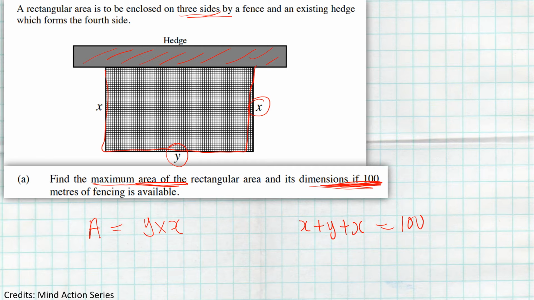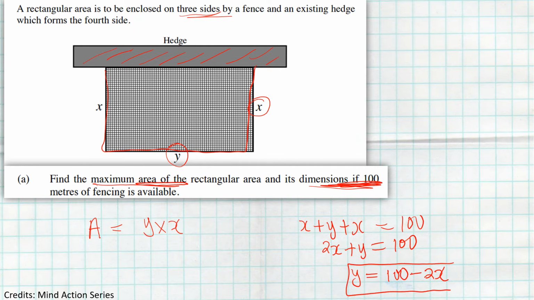The perimeter of this portion that we need to fence is equal to 100, meaning x plus y plus x is equal to 100. We can express one variable in terms of the other, because this will be 2x plus y equals 100. We can simply solve for y: y equals 100 minus 2x.